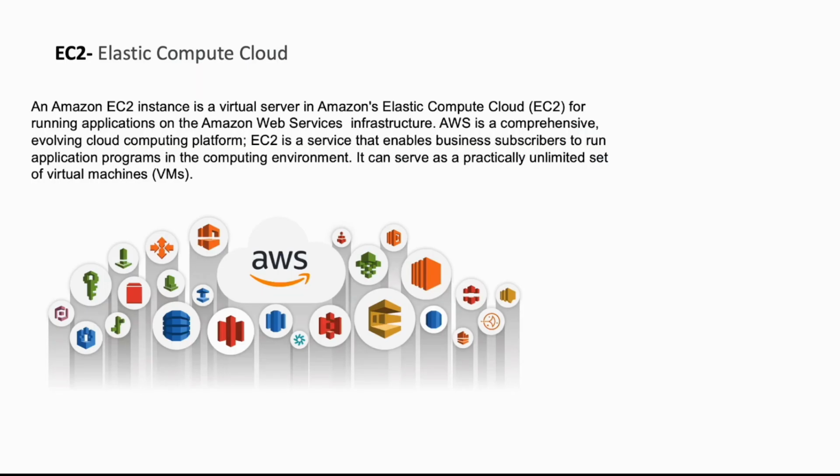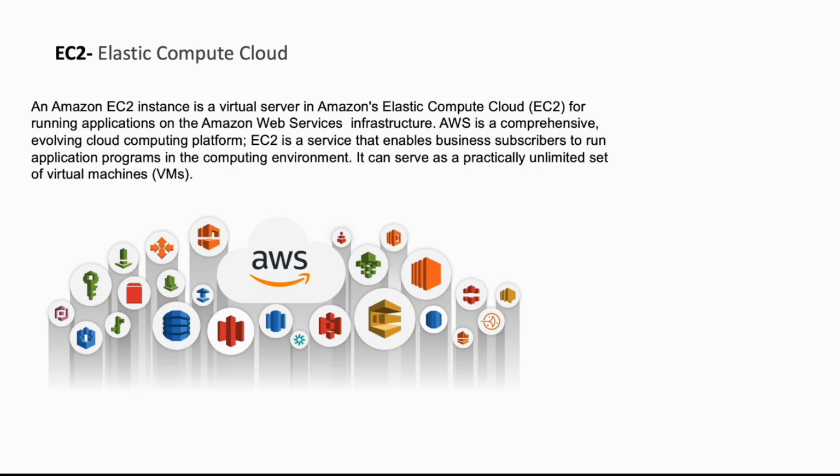Now we'll talk about EC2. What exactly is EC2? It is Elastic Compute Cloud. An Amazon EC2 instance is a virtual server in Amazon's Elastic Compute Cloud for running applications on the Amazon Web Services infrastructure. AWS is a comprehensive, evolving cloud computing platform.